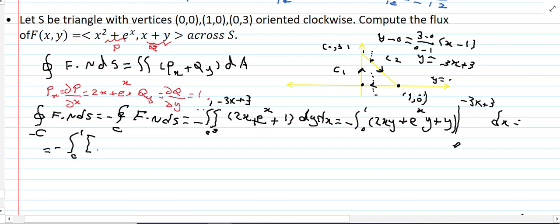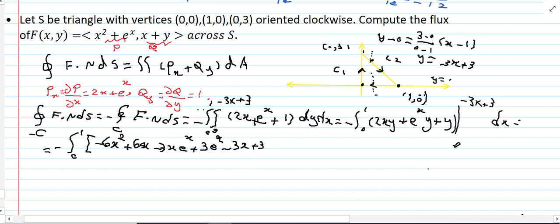This will be 2x times minus 3x plus 3, which is minus 6x squared, and 2x times 3 is positive 6x, and exponential of x times minus 3x is minus 3x e^x, plus 3e^x, then y which is minus 3x plus 3.